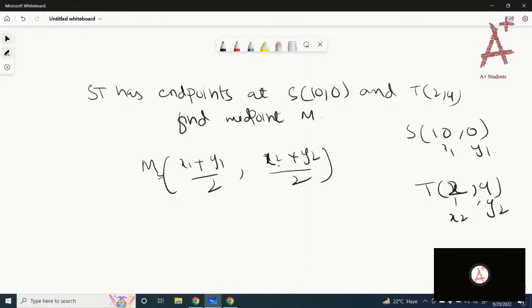Just put the values and evaluate them. x1 is 10, so 10 plus 2 over 2. Sorry, it is x1 plus x2, not y1.